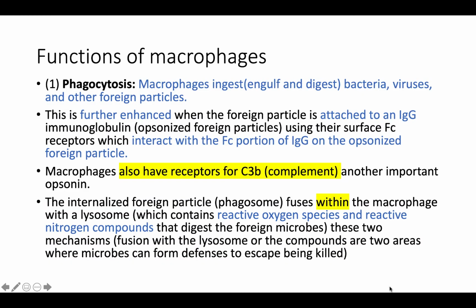So phagocytosis of all these microbes is further enhanced when the foreign particle is attached to an IgG, an immunoglobulin. So an immunoglobulin, an antibody, this is the first part where we talk about antibodies.